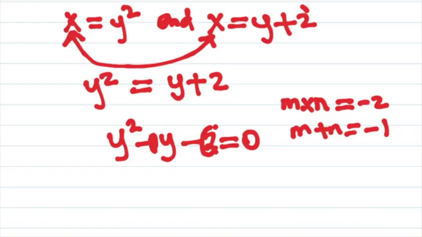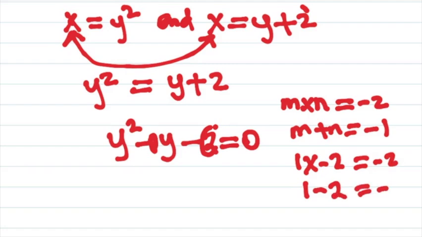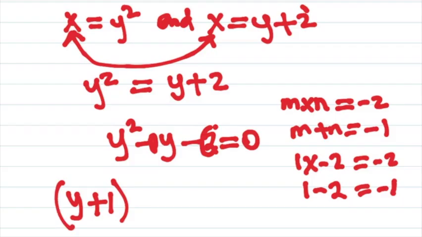Let's say those numbers are -2 and +1. When we multiply them, +1 times -2 will give you -2, and when you add them, you get -1. So we are right on that. So now we factor: y plus 1 times y minus 2 is equal to 0.